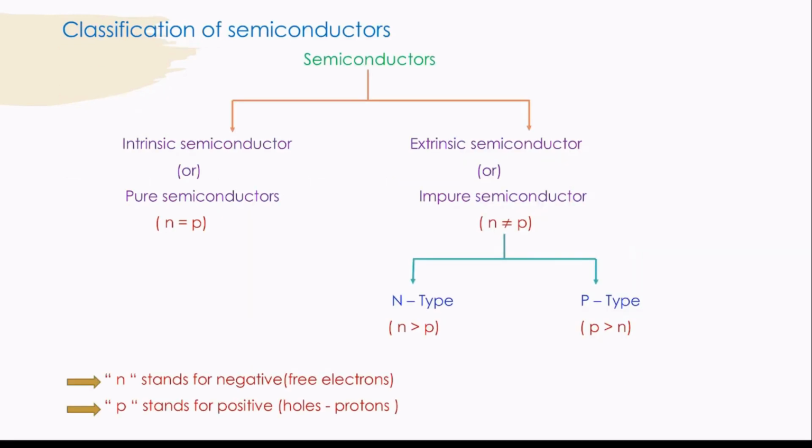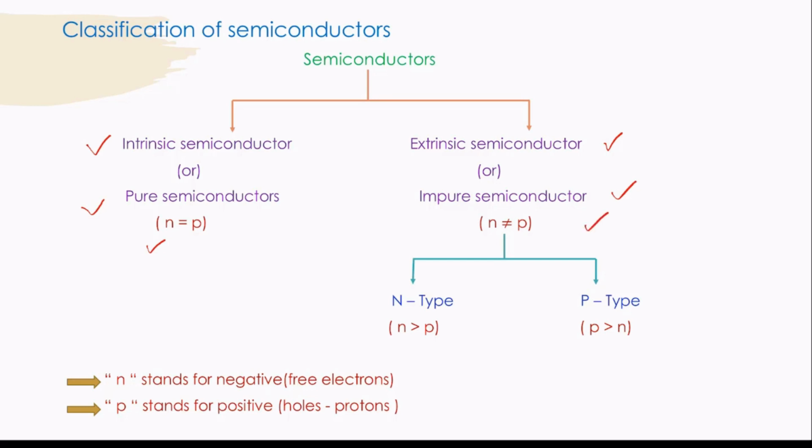Next is classification of semiconductors. Basically, the semiconductors are classified into two types, which are the intrinsic semiconductor, which can also be called the pure form of semiconductor, in which the number of electrons is equal to the number of protons, and the second one is the extrinsic semiconductor, which can also be called the impure form of semiconductor, in which the number of electrons is not equal to the number of protons.